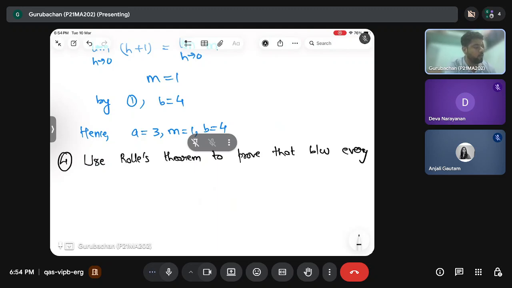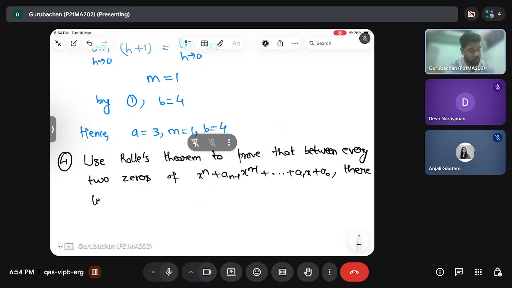between every two zeros of the polynomial x to the power n plus a n minus 1 x to the power n minus 1 plus ... plus a1 x plus a naught, there lies a zero of n x to the power n minus 1 plus (n minus 1) a n minus 1 x to the power n minus 2 plus ... plus a1.